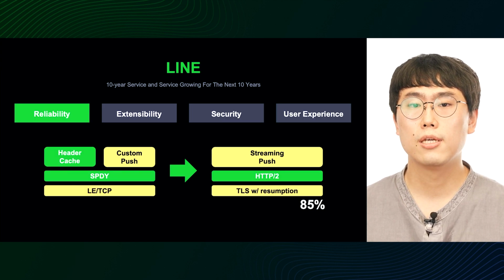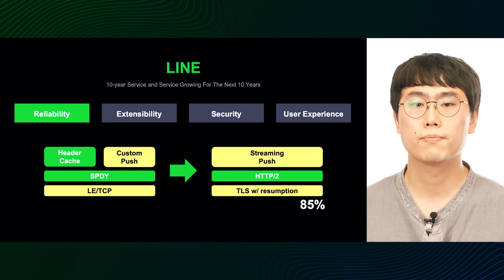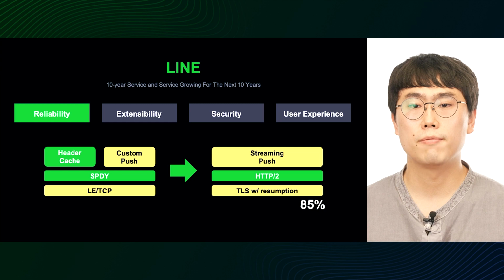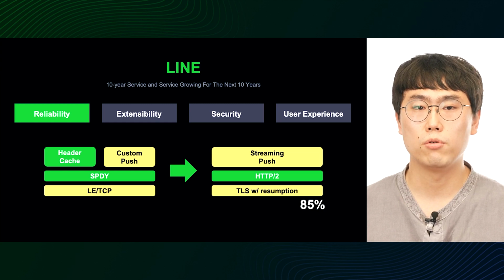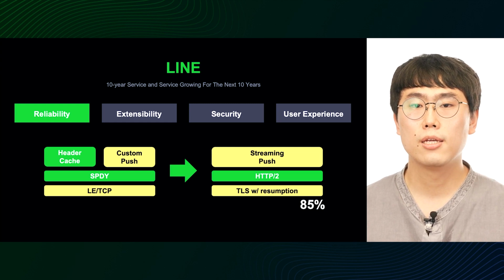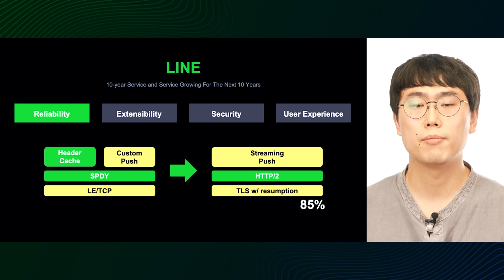For reliability, we started to deprecate the old and customized SPDY protocol and satisfy the standard by adopting HTTP2. 85% of connections are using HTTP2, and as time goes by, all clients are going to use HTTP2 and SPDY will become obsolete.